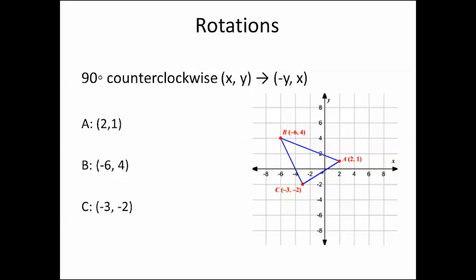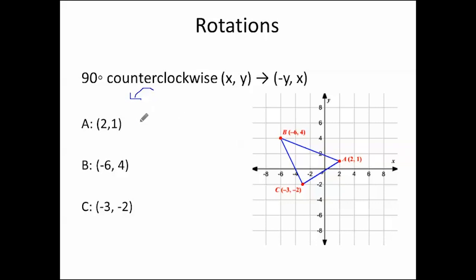We can also do the same thing going counterclockwise. So here we're going to go 90 degrees counterclockwise, turning it the opposite direction. If you notice, we are going from (x, y) to (-y, x). So we are switching the location of our coordinates, but this time it is the new x value that comes from our previous y value becoming negative.